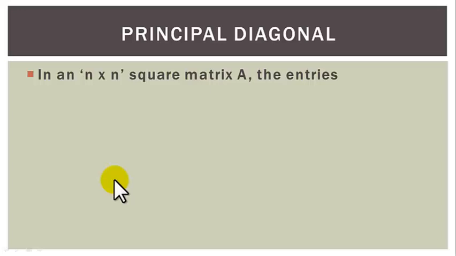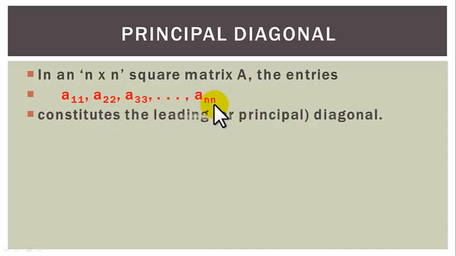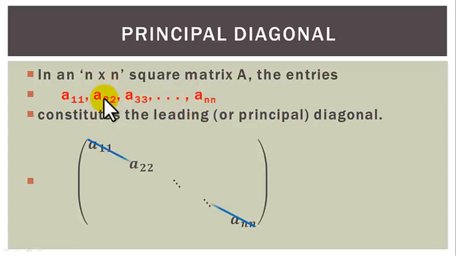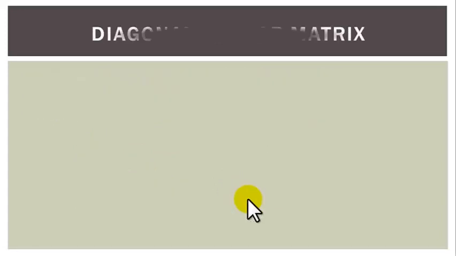That is, in an n by n square matrix A, the entries A11, A22, A33 to Ann constitute the leading diagonal elements. Here it is. This diagonal is what we call the leading diagonal of a square matrix.